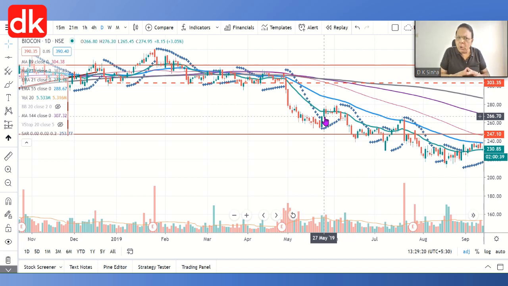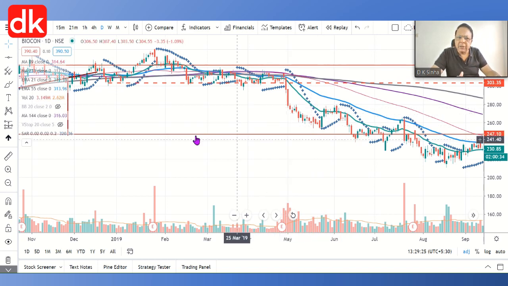But I have explained to you how parabolic SAR can be combined with other technical studies to enhance the accuracy of technical analysis, which helps you to ride the trend or make an entry in the market as a swing trader. So friends, if you are a positional trader, you can use parabolic SAR in weekly or monthly time frame to ride the trend, because there will be less market noise and you can follow the same method.